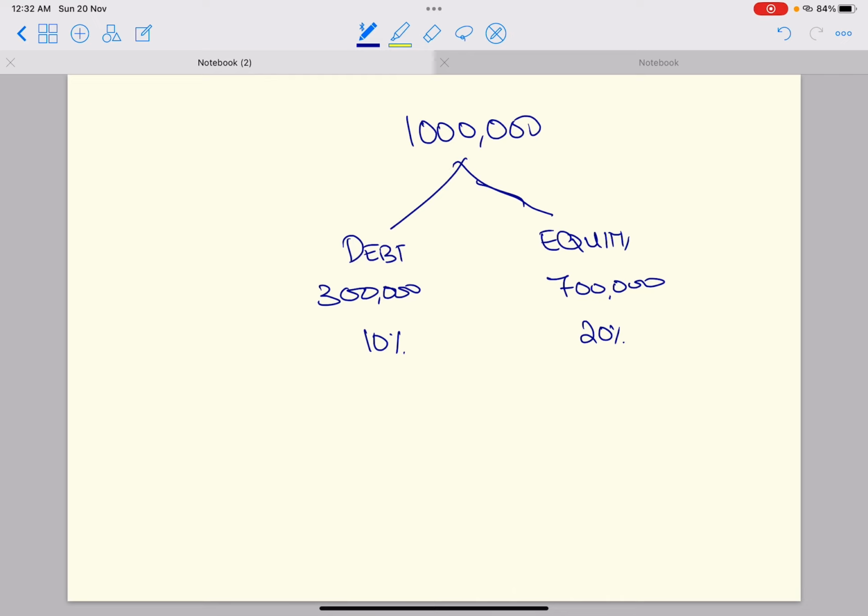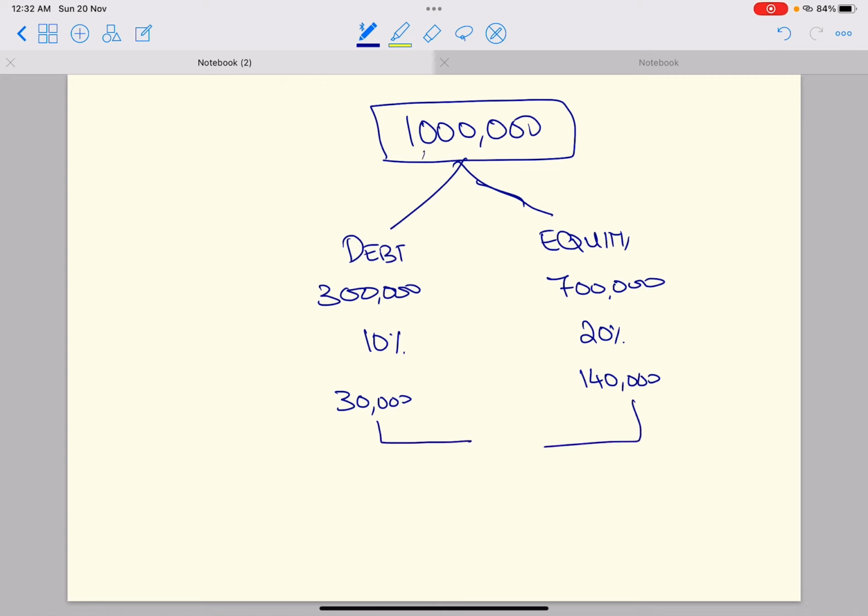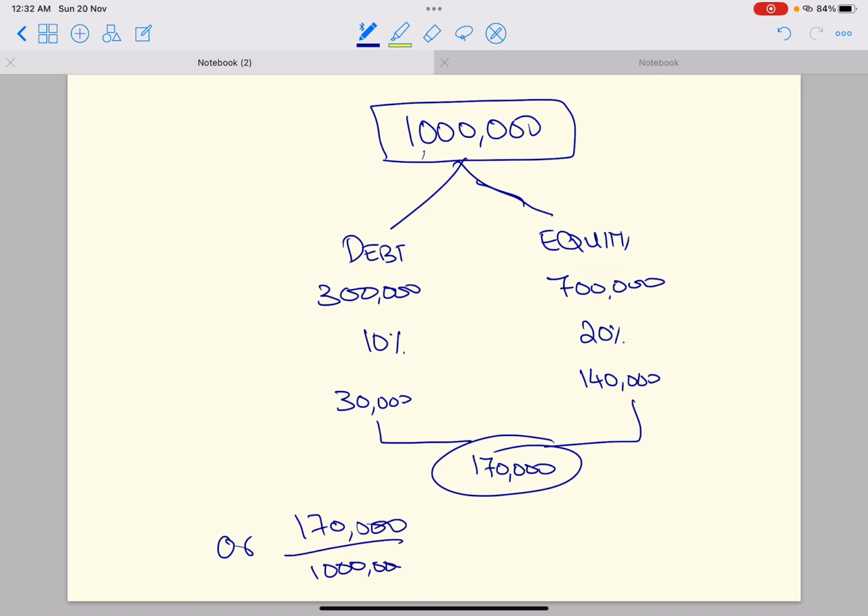So for 300,000 I am going to pay 10%, that is 30,000. For 700,000 I need to pay 140,000. So in total, if I want to secure this 1 million capital, I will be paying 170,000 as a cost. Hence, cost of this capital is 170,000 divided by 1 million. This sums up to 17%.